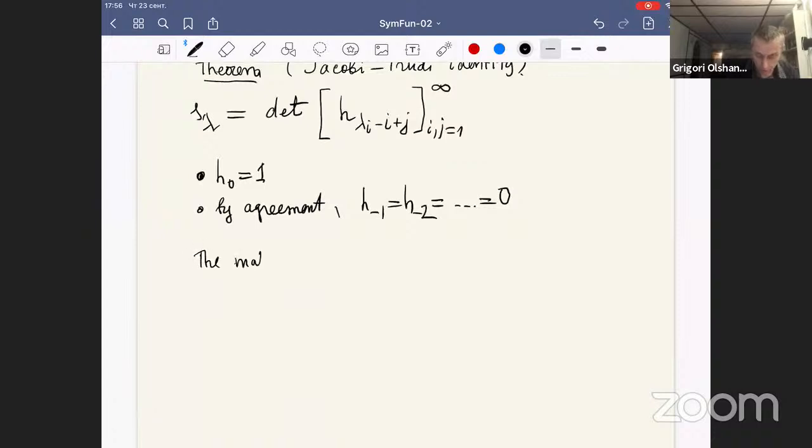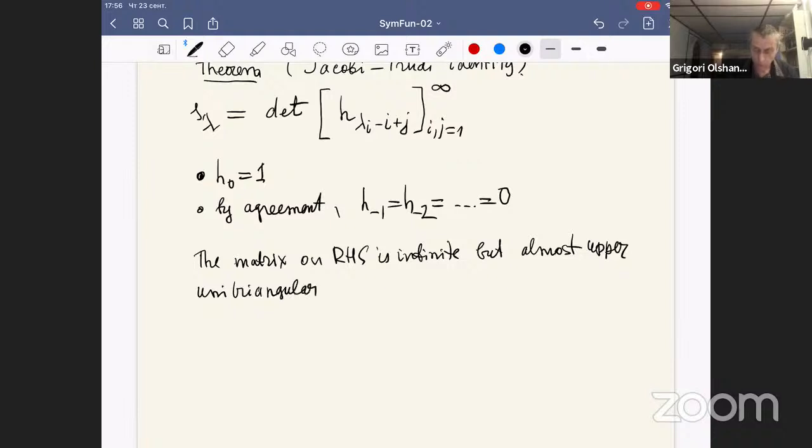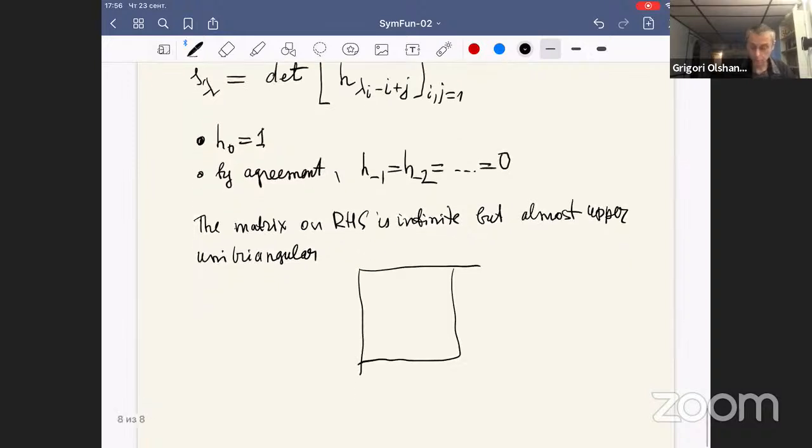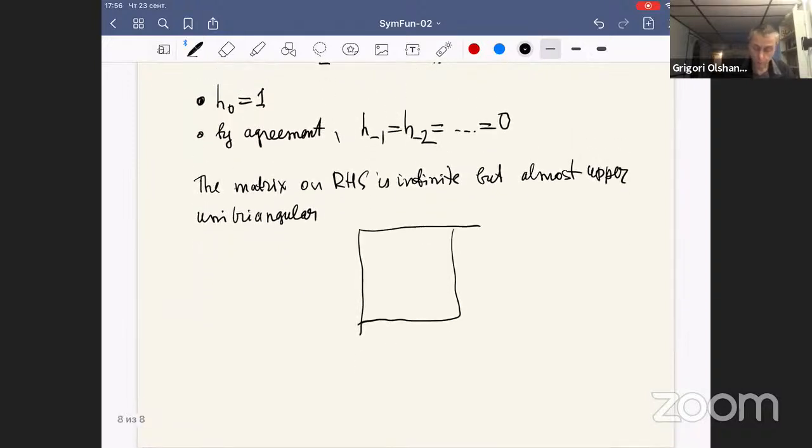The matrix on the right-hand side is infinite, but almost uni-upper, unitriangular, which means that you have some finite block of some size, at most the length of lambda.